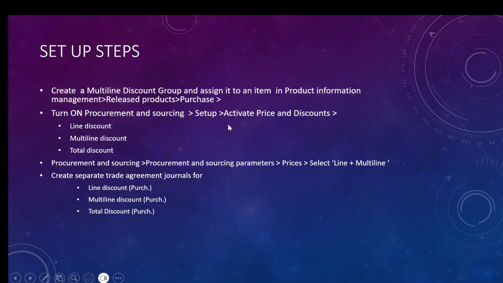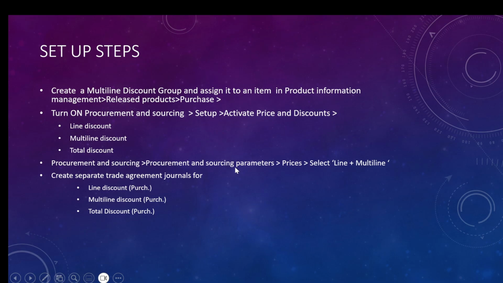In the setup, there is an activate price and discounts menu, and we need to ensure that the line discount, multi-line discount, and total discount are all enabled for this trade agreement requirement. The third is one more parameter, on a different page.